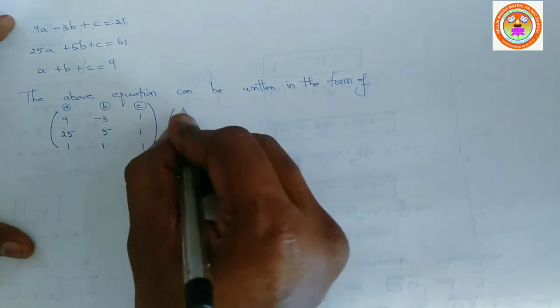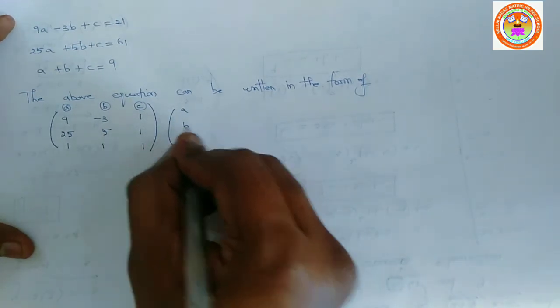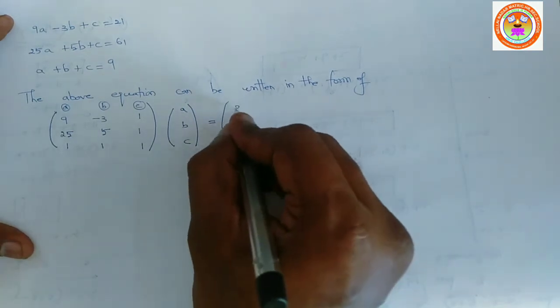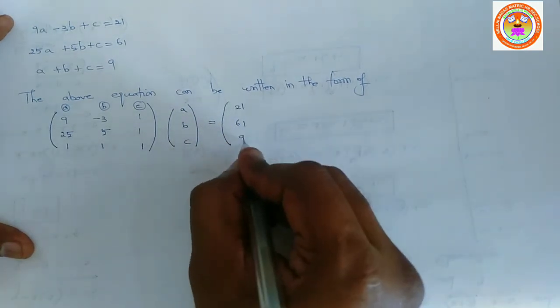Next, the three unknown variables a, b, c are equal to the constants 21, 61 and 9.